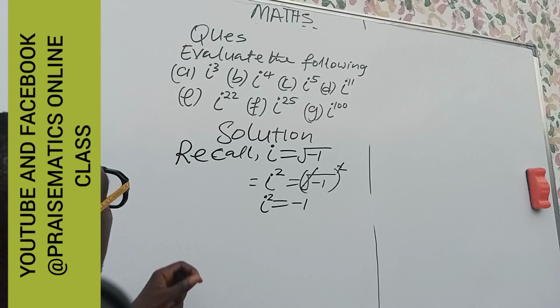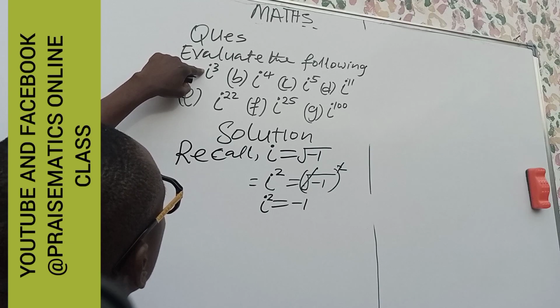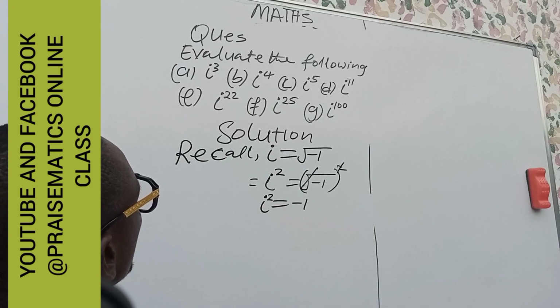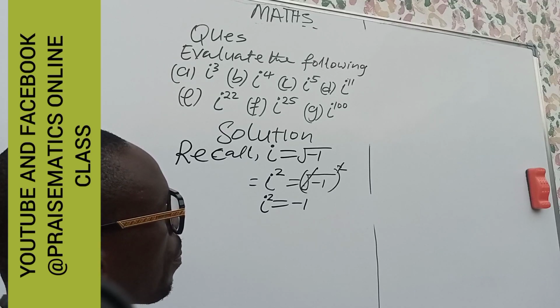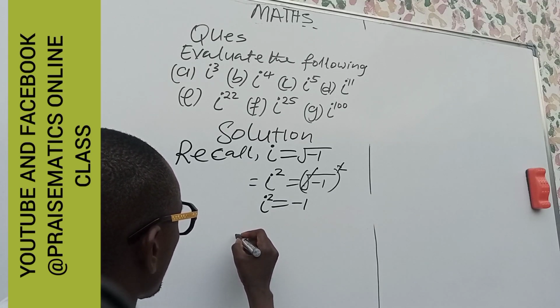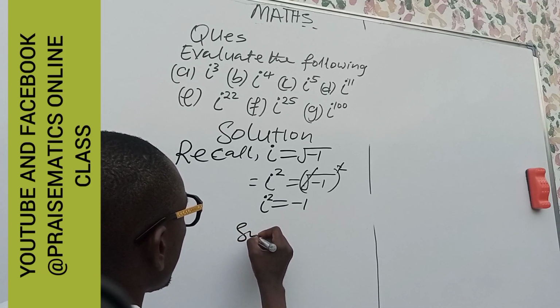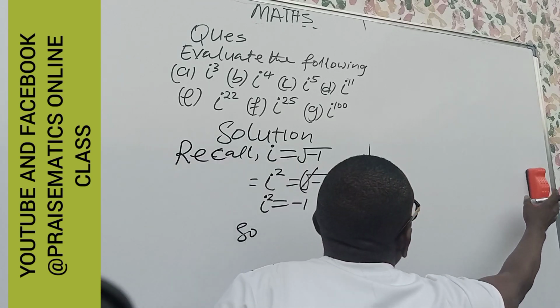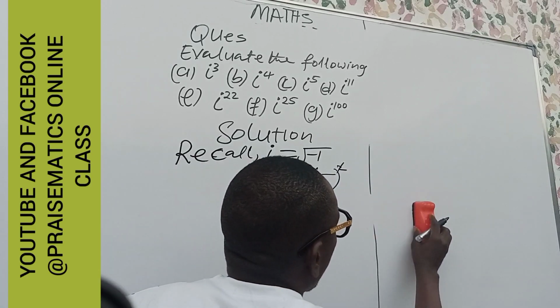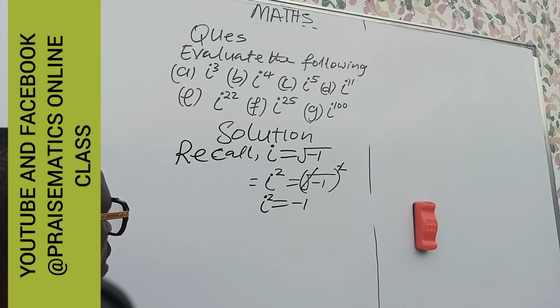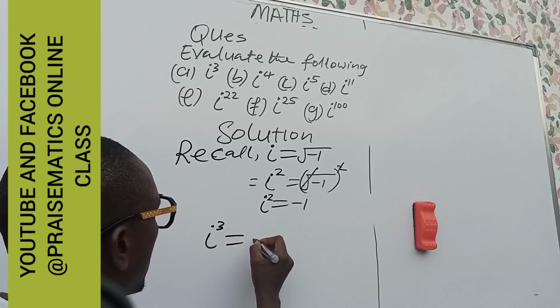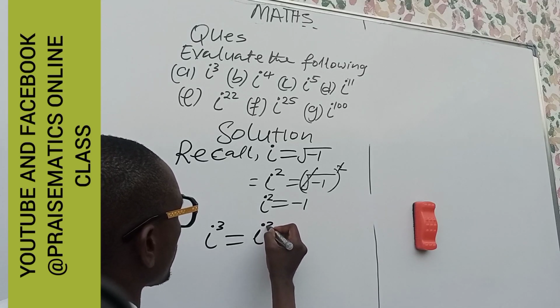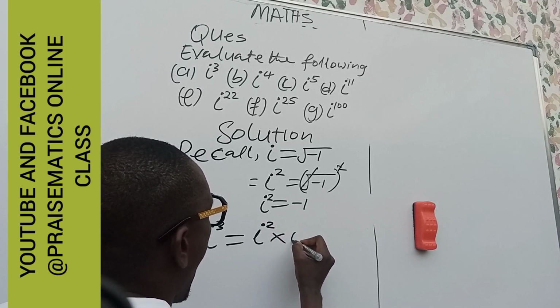But the question here says that we should evaluate i power 3. Now, to evaluate i power 3, we apply the knowledge of indices. i power 3 is the same thing as i power 2 multiplied by i.